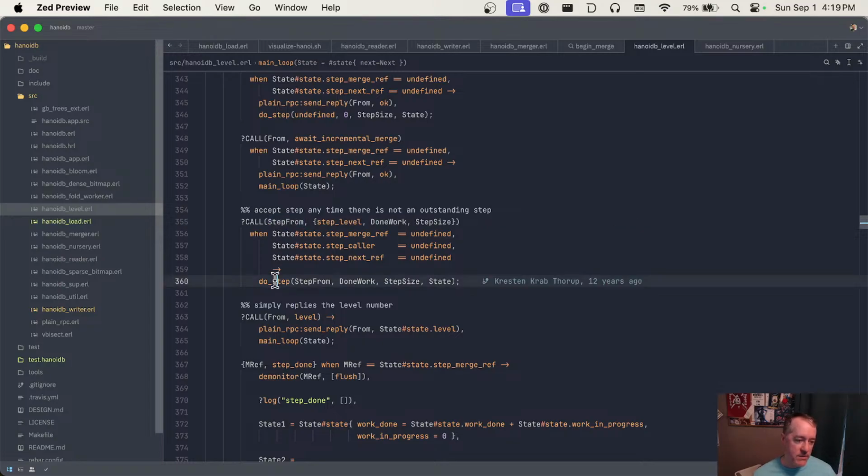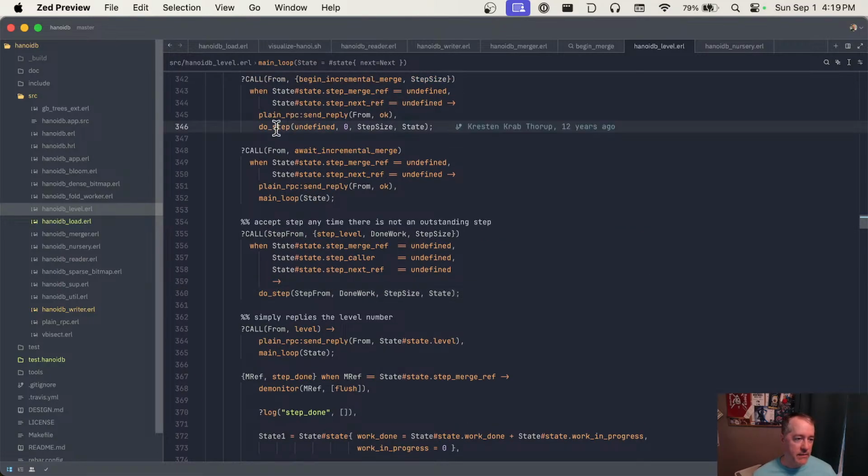Okay, so this do step is probably like, this creates a process and then it expects to be replied to there.